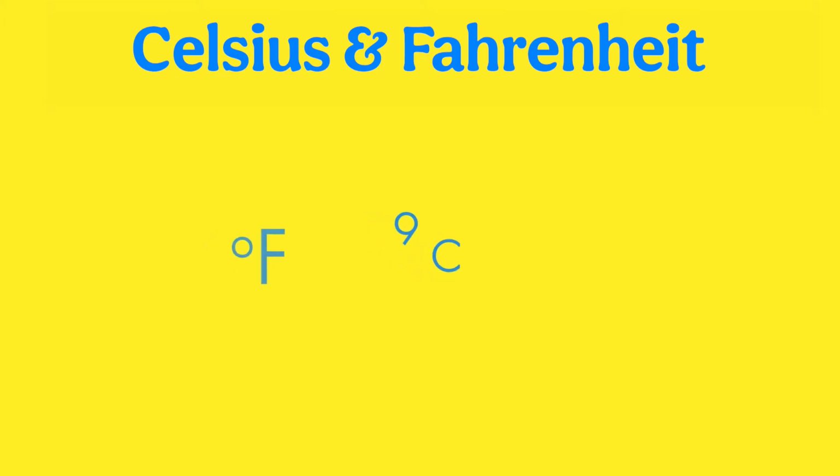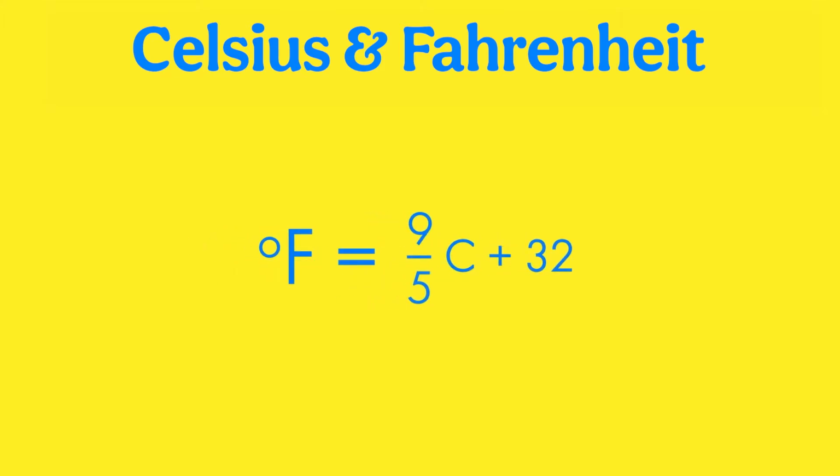And then the last thing I want to interject here, just to make sure you have it, is the way to convert between Fahrenheit and Celsius. This is the equation you're going to use. F equals 9/5 times C plus 32.